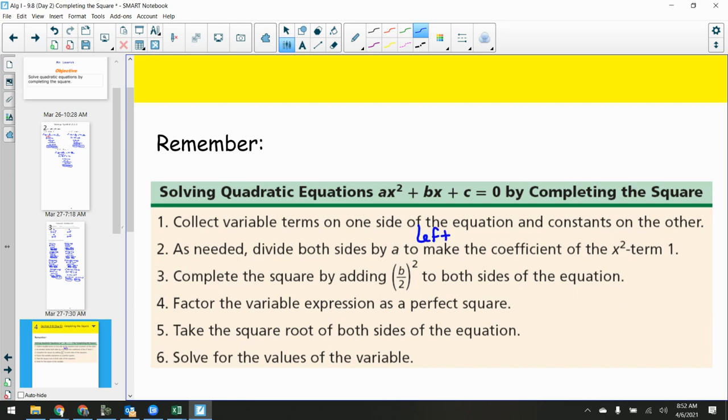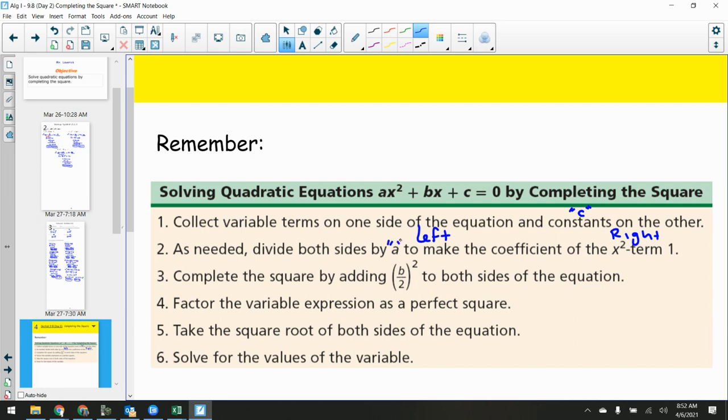Variables to the left, constants to the right.